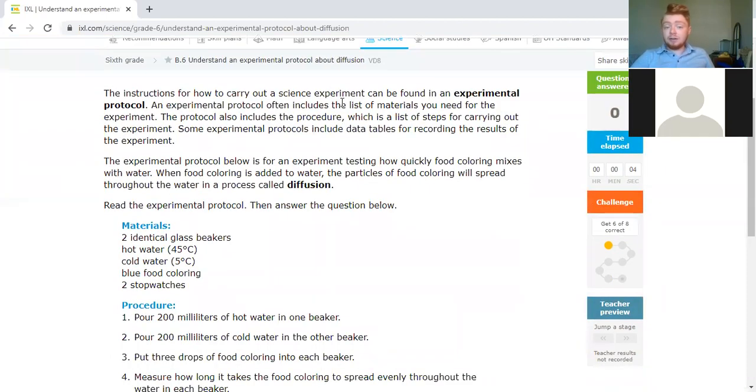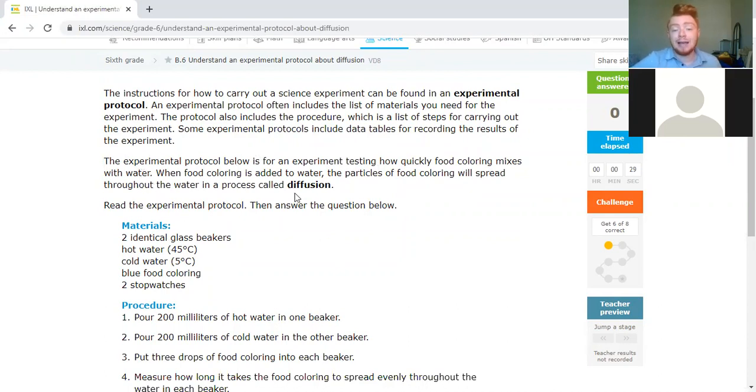The instructions for how to carry out a science experiment are called an experimental protocol. If we remember, it often includes a list of materials, a procedure, and some include a data table for recording the experiments. The experimental protocol below is for an experiment testing how quickly food coloring mixes with water.